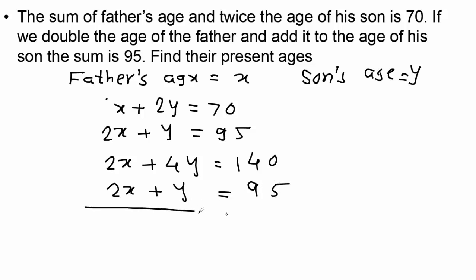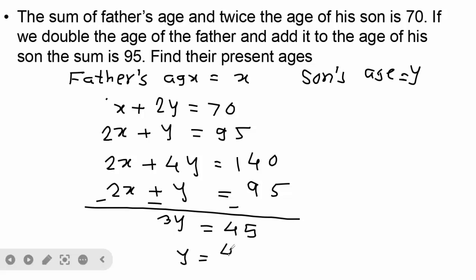If I subtract this, I will get 3y. 2x, 2x get cancelled, and here 45. 3y equal to 45, therefore y equal to 45 divided by 3 equal to 15.